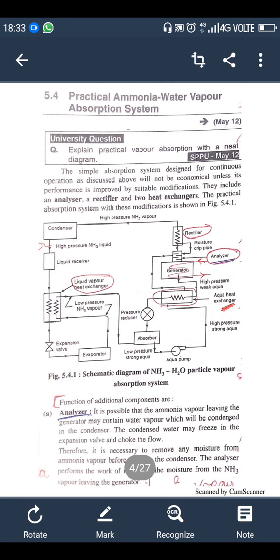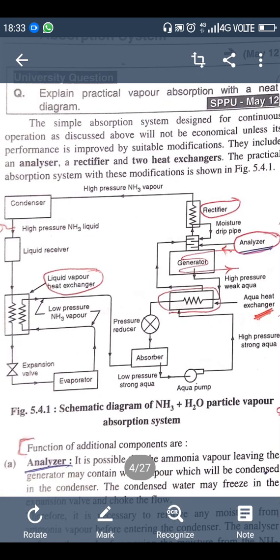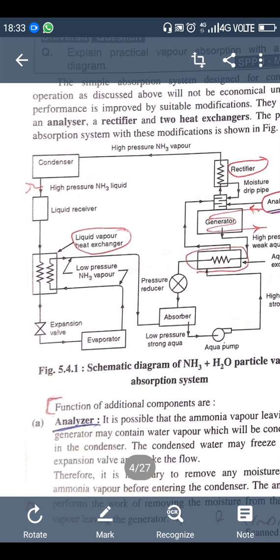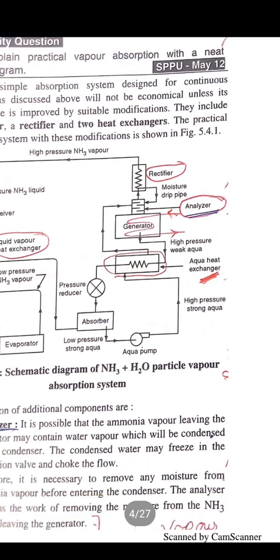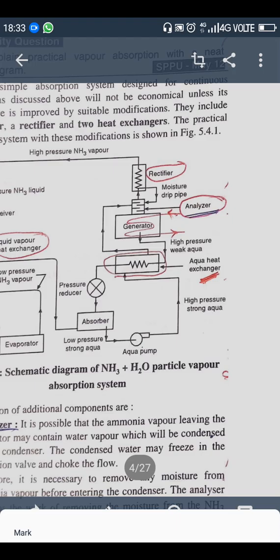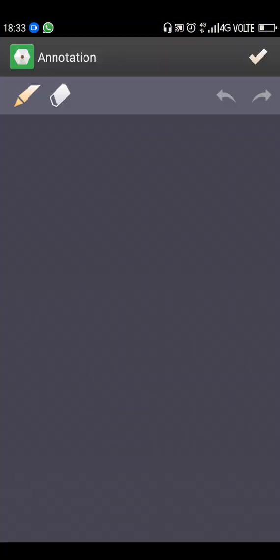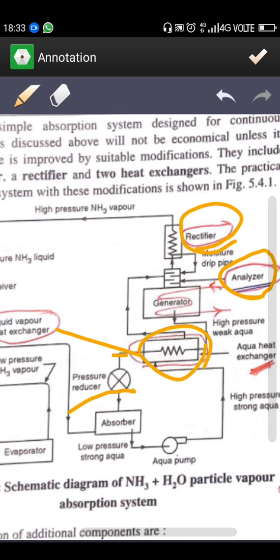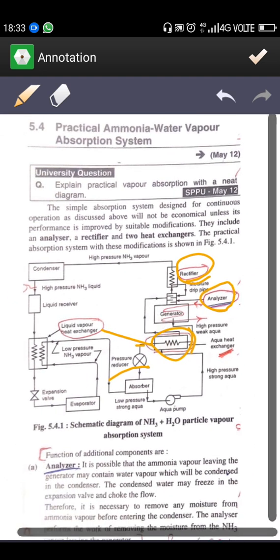You can see these additional parts are the accumulator, the analyzer, then the rectifier, then we are using a heat exchanger here, and again a heat exchanger here.